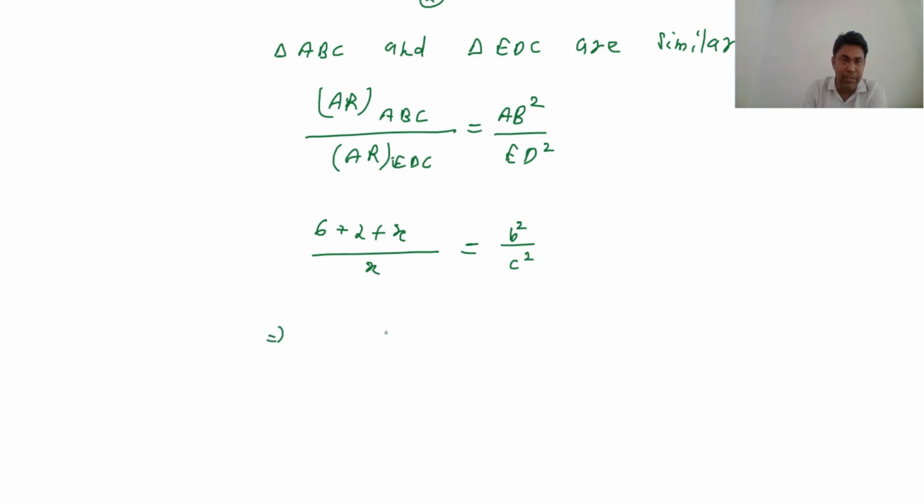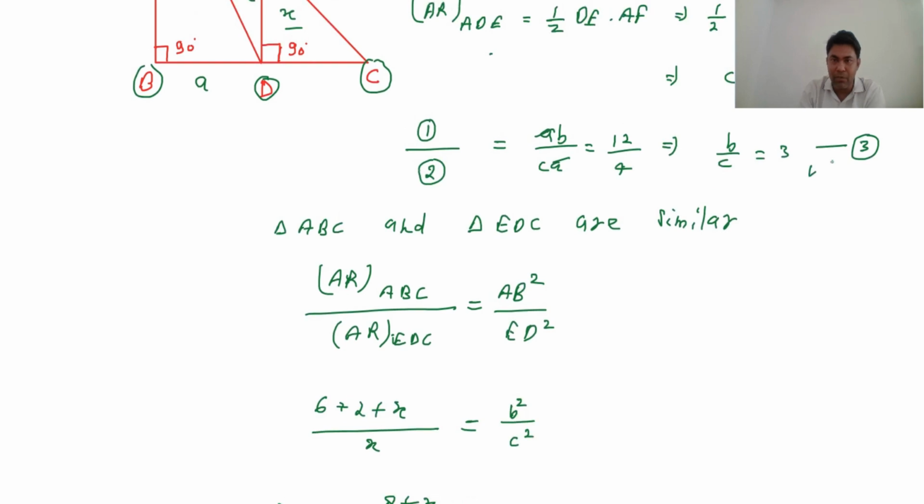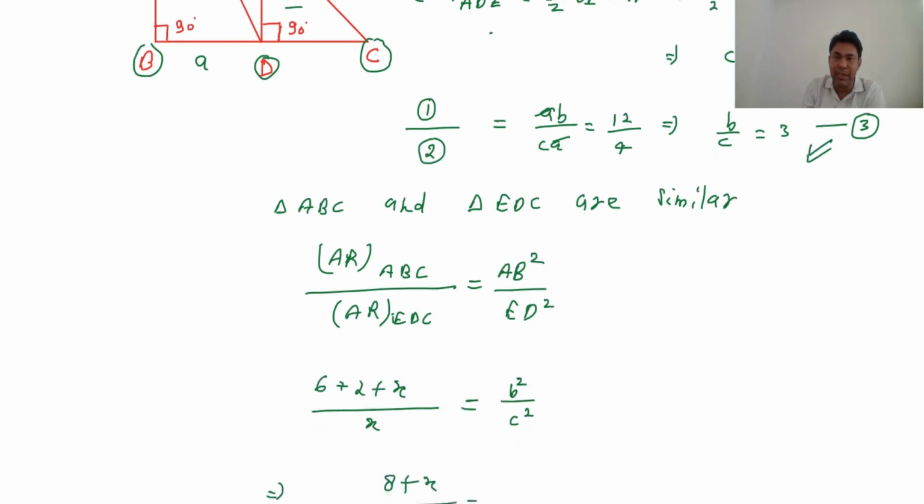If we simplify this equation, we will have 8 plus x divided by x, and on the right hand side the ratio of B by C, which is 3 from equation 3. So B divided by C is equal to 3.